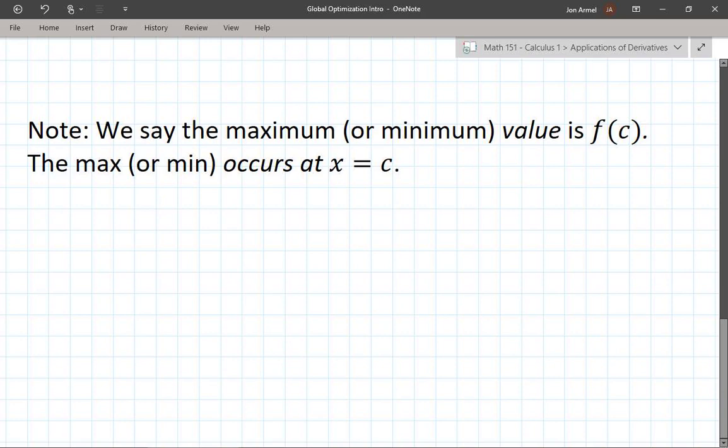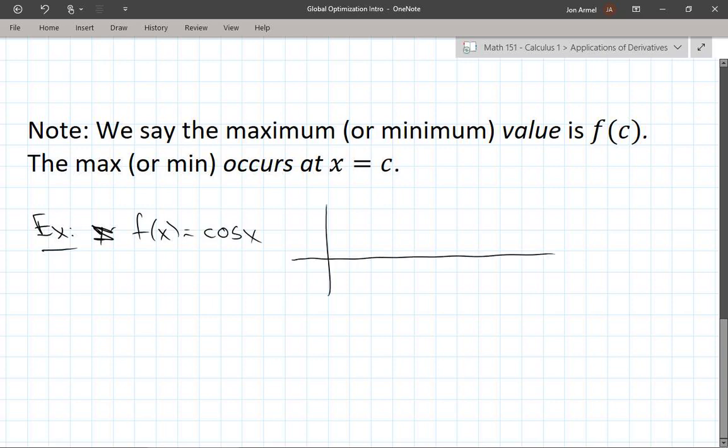Let's look at an example. Let f of x equal cosine x. We understand this function very well. We've studied trigonometry before. It looks like this. We know that this is positive 1, and this point down here is negative 1. What's the maximum?